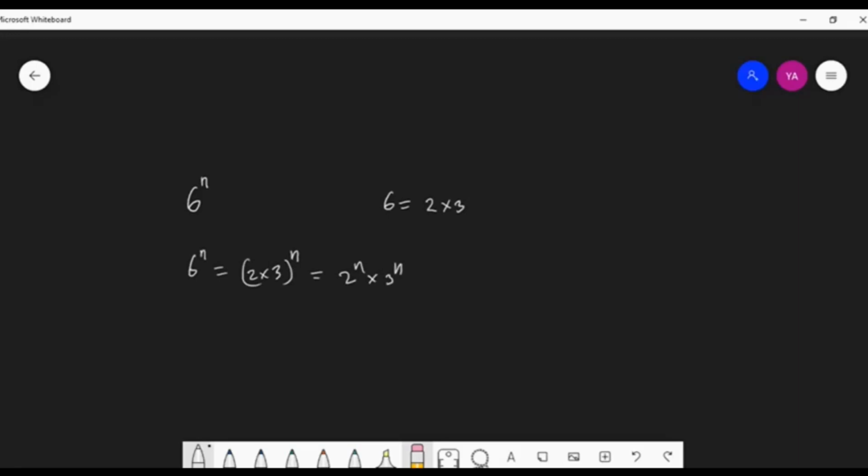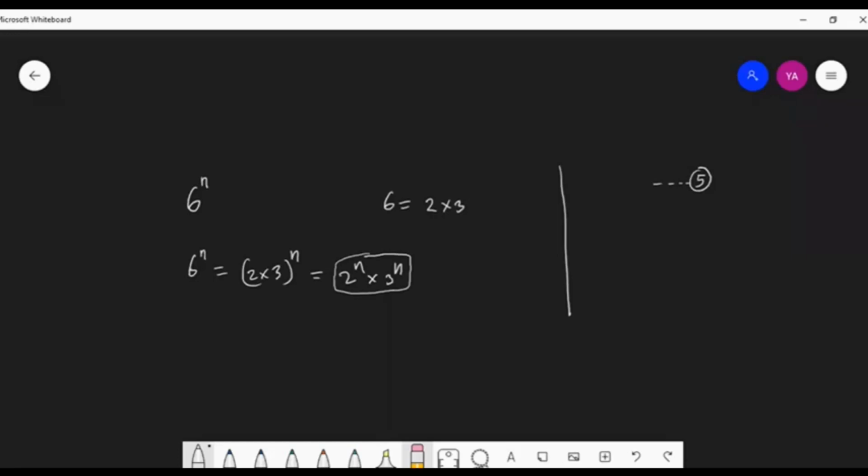This shows that in the prime factorization of 6 raised to n, there will be only 2 primes, 2 and 3. There will be no other prime. But we know if a number ends with 5, then that number will be divisible by 5, or 5 will be a factor of that number. 5 is a prime number.